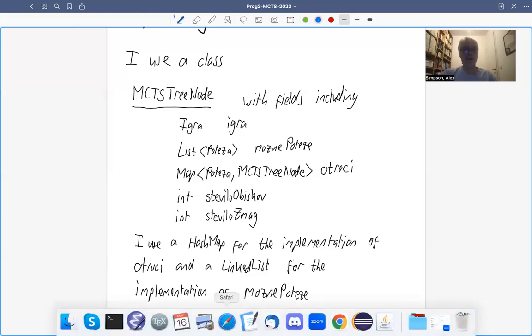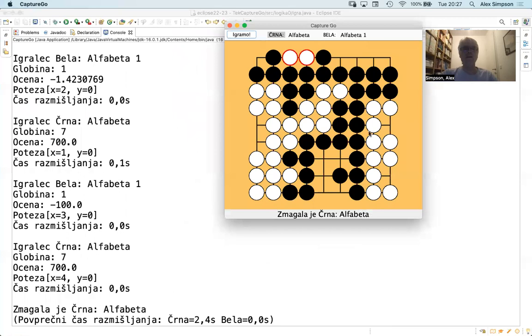So let's go to Java, and I'm going to keep my alphabeta player because we want to play against alphabeta, but I'm now going to play it against Monte Carlo Tree Search. And the van here is vanilla.